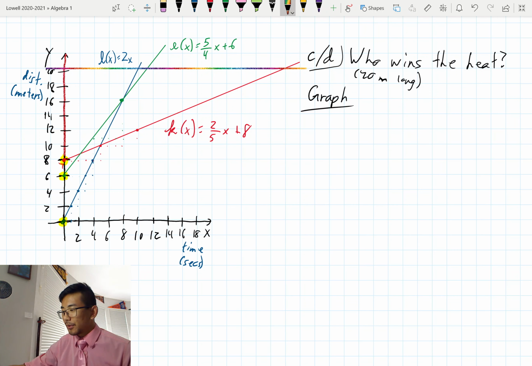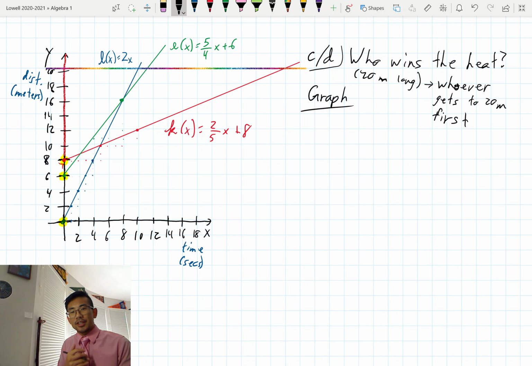And so, of course, the person who wins is whoever gets to 20 meters first, right? Well, okay, the question is, how do I see that on the graph? Well, all that means is in the least amount of time.